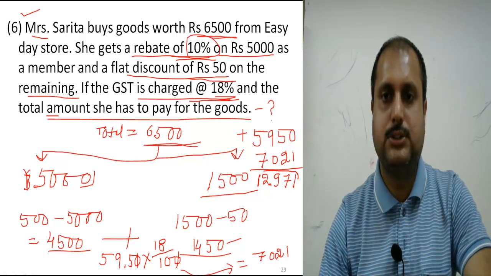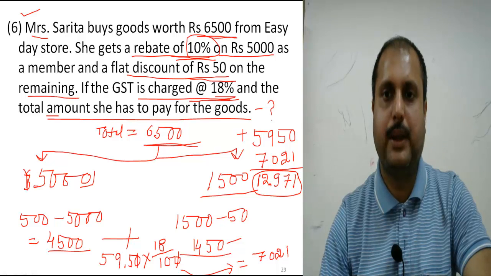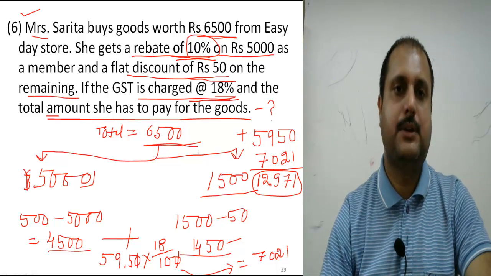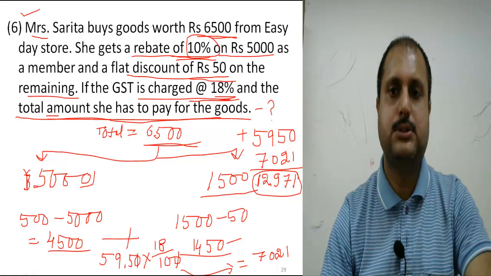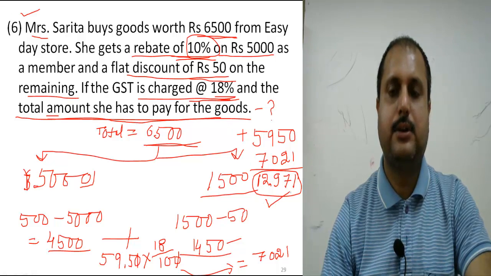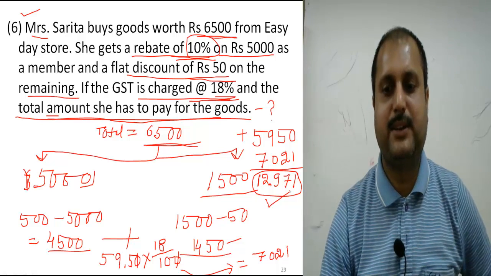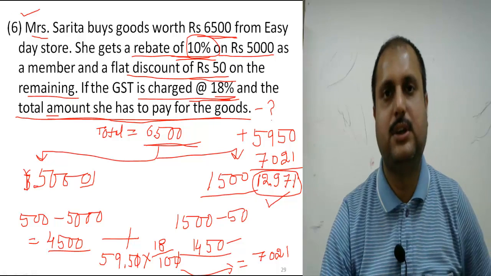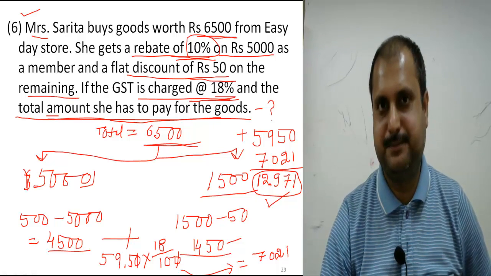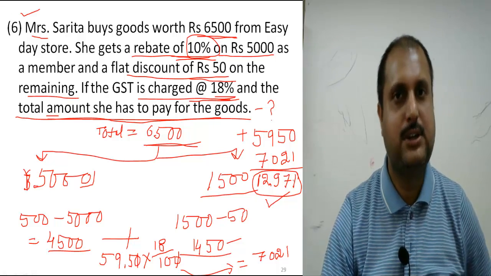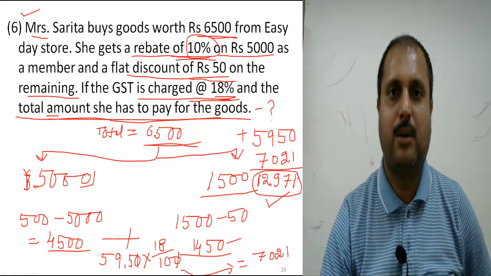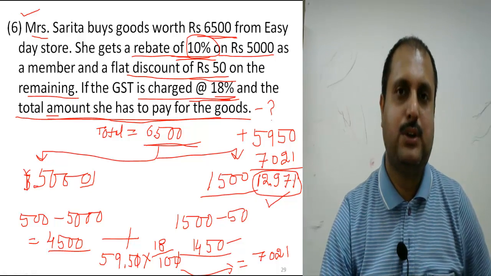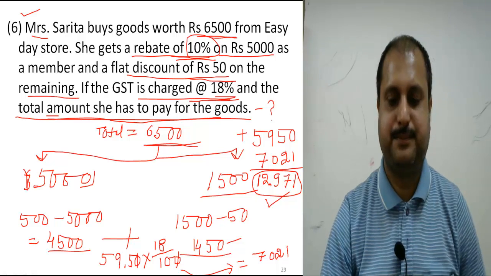So including the GST, she has to pay 7,021. I hope that this is clear for everyone. It is also very easy. If you understand the question, it is very easy. If you don't understand the question, it will remain a problematic question for you. So let's move to the next question.